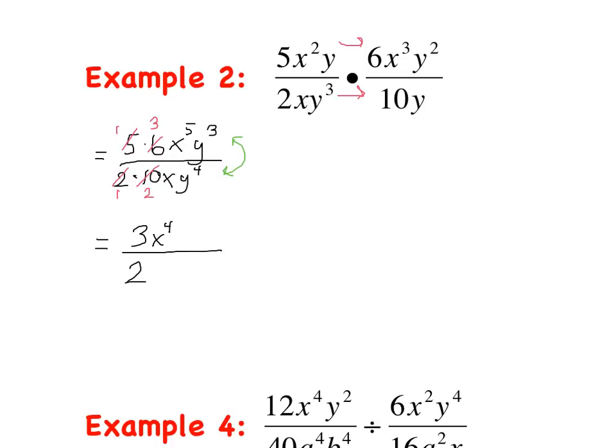There's more y's in the denominator, so they're going to stay in the denominator, and I will just have y to the 1st power. Okay, and now we are done. Okay, so first we combine horizontally, and then we combine vertically. Okay, so let's move on and try the next 2 examples really quickly.